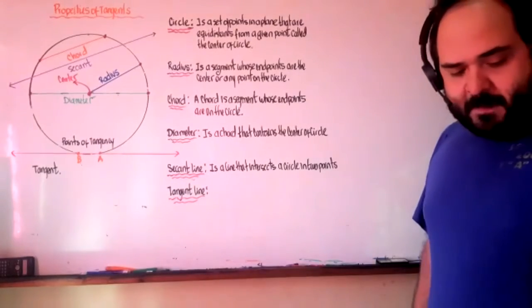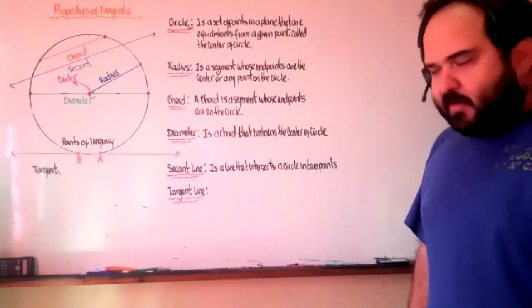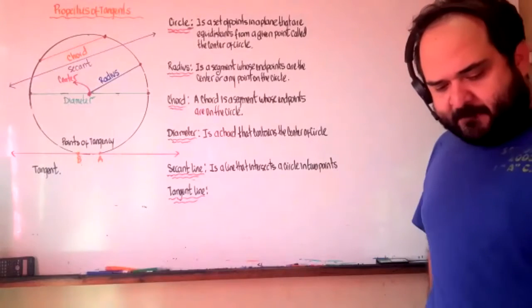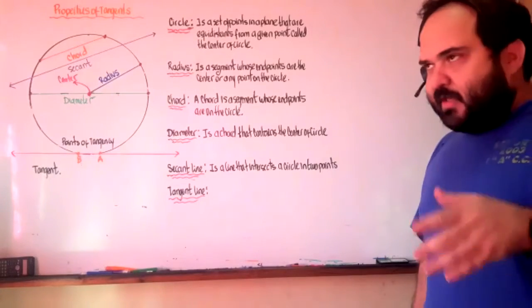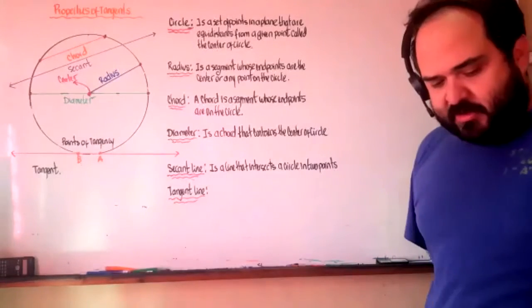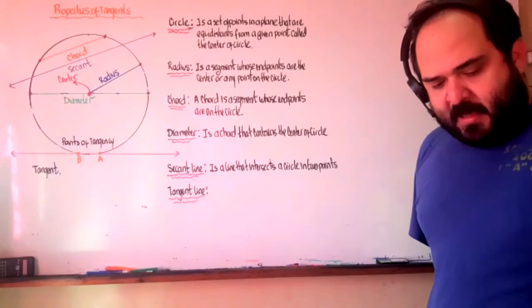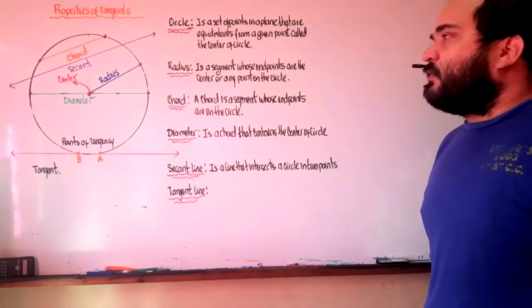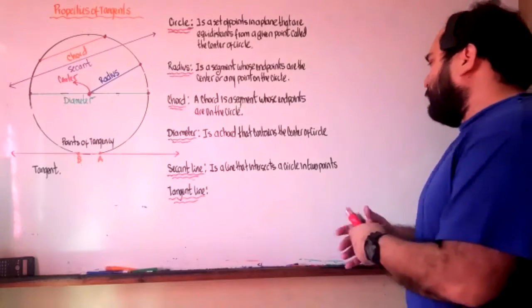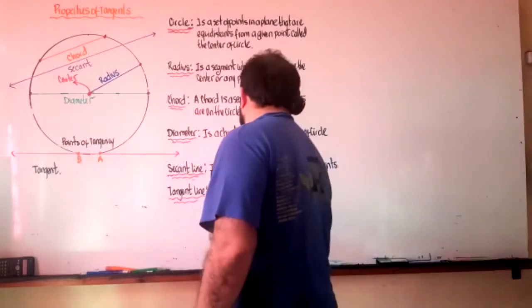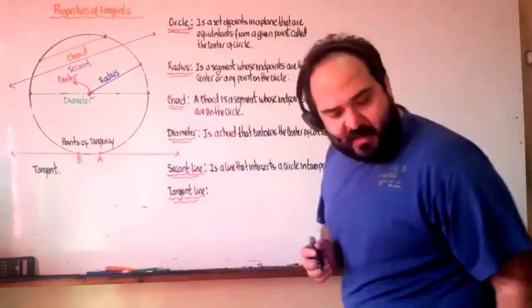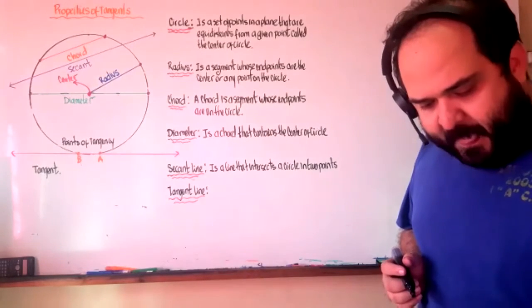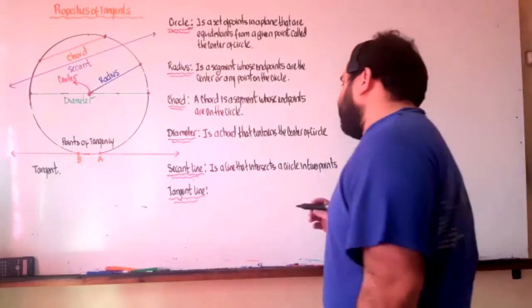Well, actually, the tangent line is a line located in the plane of the circle, but it intersects the circle in a single point.